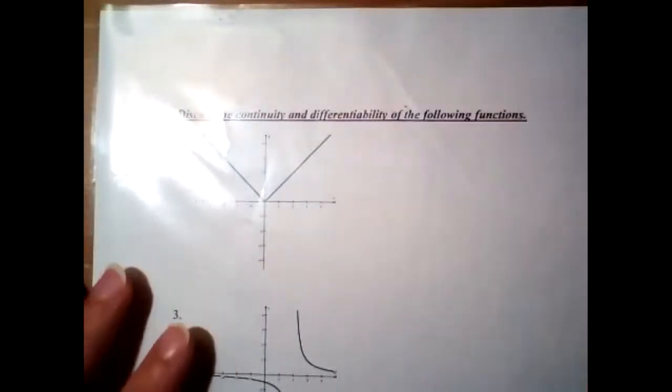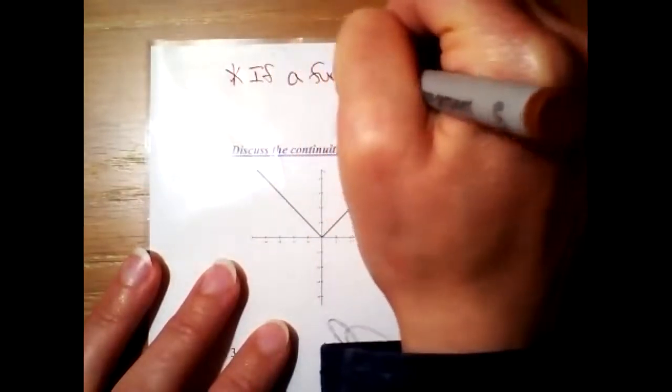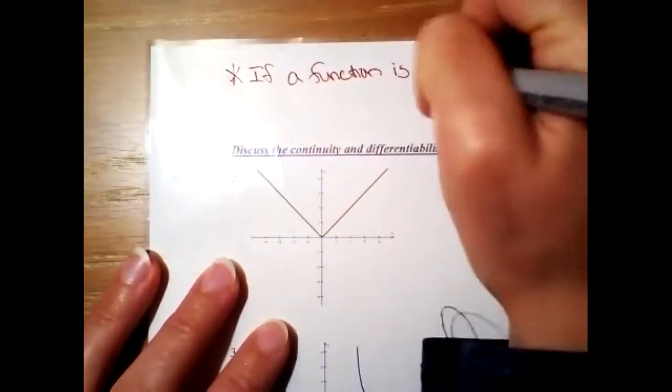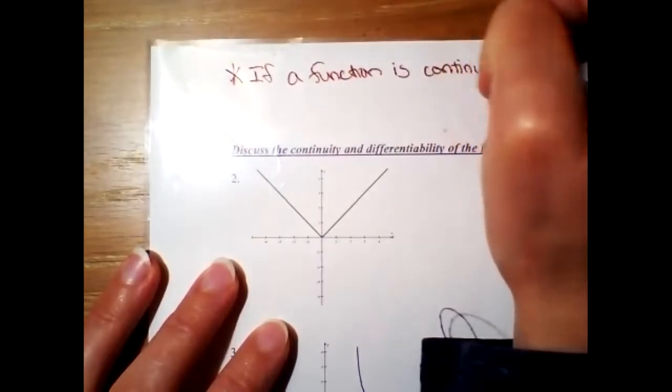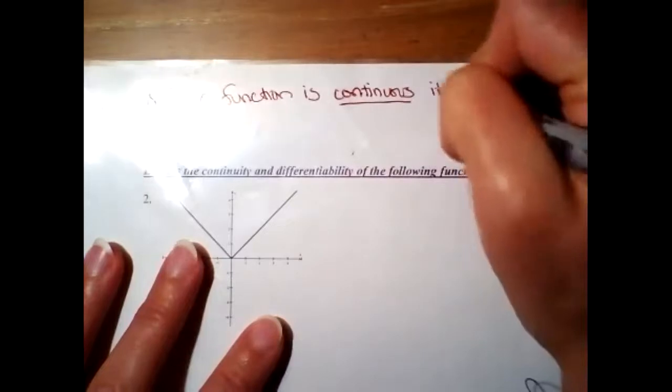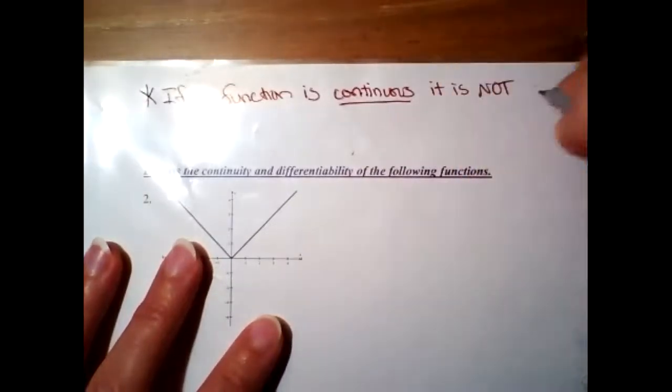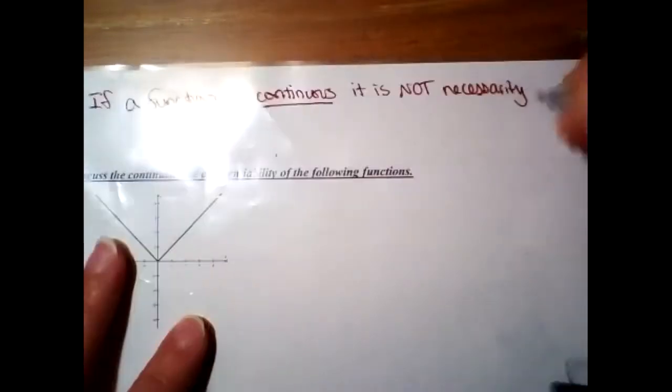So I want to real quick, before we do some of these examples, just put out a couple statements here. If a function is continuous, it is not necessarily differentiable.